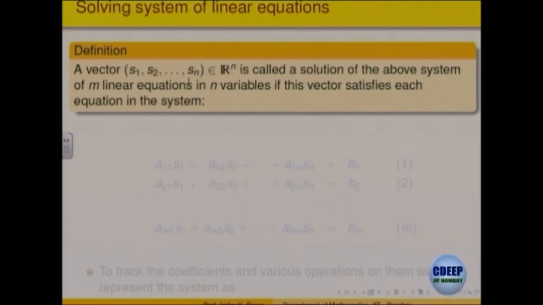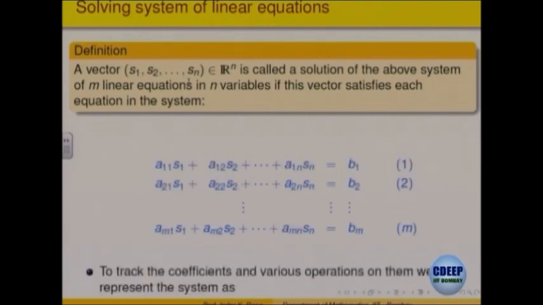That is called a solution. So, the idea is how do we solve such a system, that is what we want to analyze. To track the coefficients and the various operations on them, we represent this system.